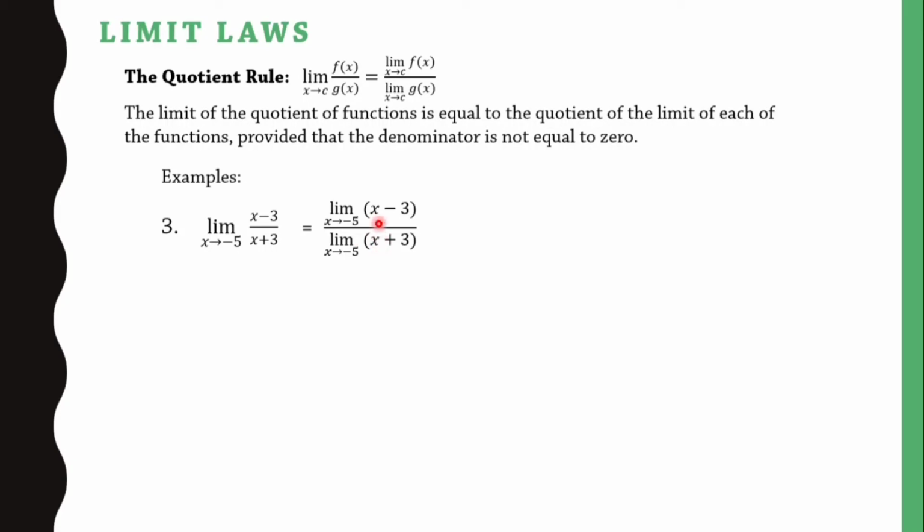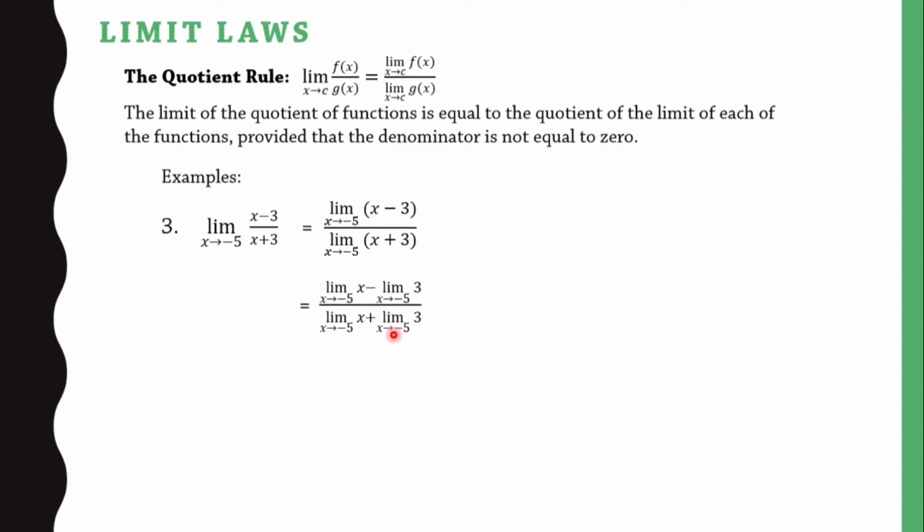We break this down into simpler limits. That is the limit of x as x approaches negative 5 minus the limit of 3 as x approaches negative 5, divided by the limit of x as x approaches negative 5 plus the limit of 3 as x approaches negative 5.